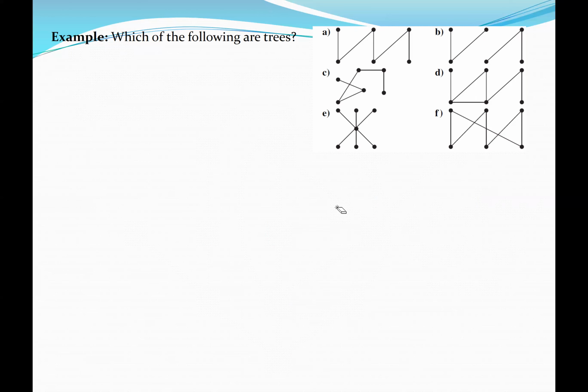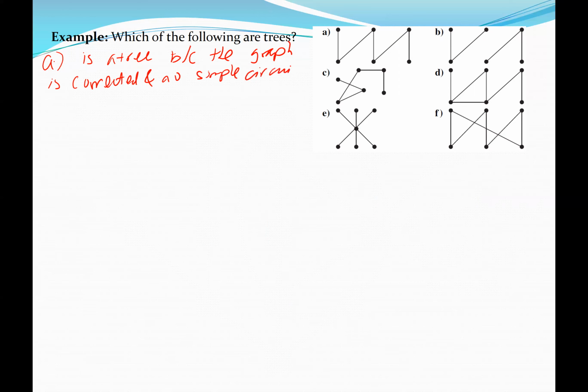Are there any simple circuits? The answer is no, there are no simple circuits. So A is a tree because the graph is connected and has no simple circuit.